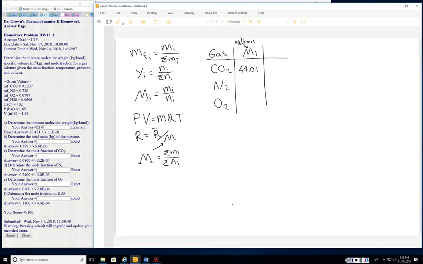It'll be the same number for any of those sets of units because the definition of a mole and a kilomole is such that we get the same number in each case. The next gas is nitrogen, and if we look for nitrogen, we find 28.01, and we look up oxygen, and we get 32.00.